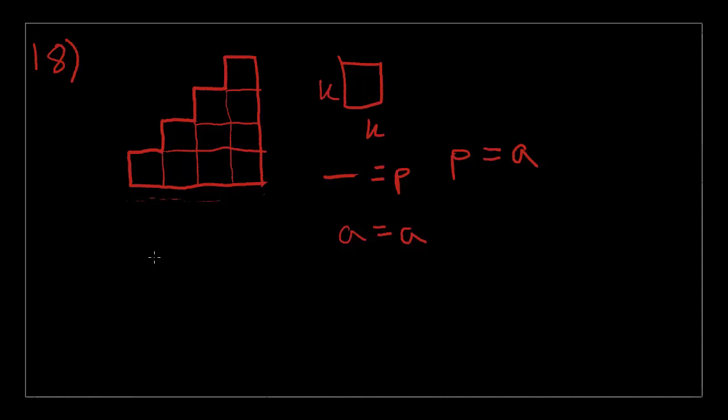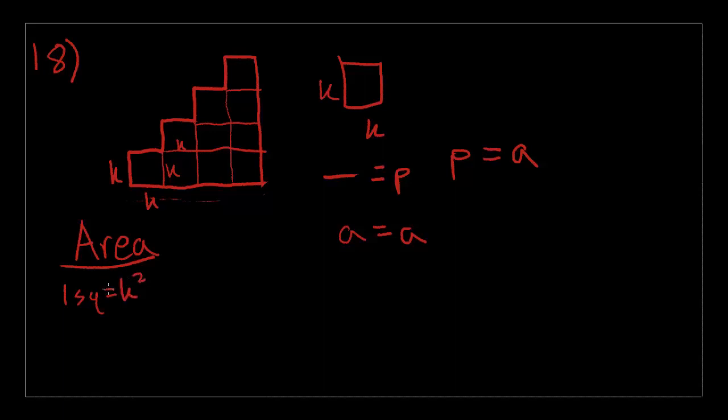So, let's get started with area first. So let's put a heading here, area, and we'll do the perimeter later. So since each little square has sides of length k, k, k, k, so they're all k, the area of one square is going to be equal to k squared.